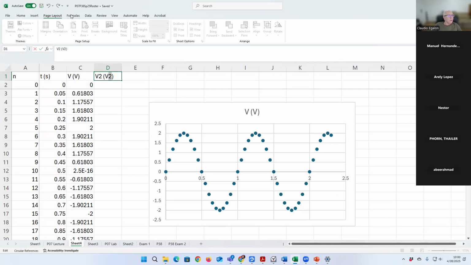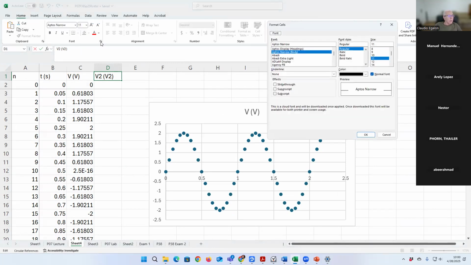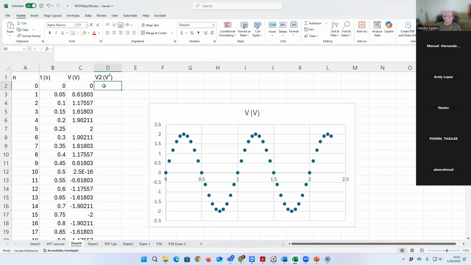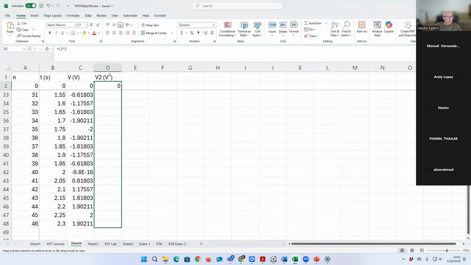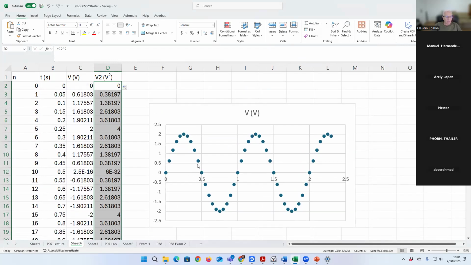All I have to do is square the column for V, and whatever was a negative value is going to become positive.